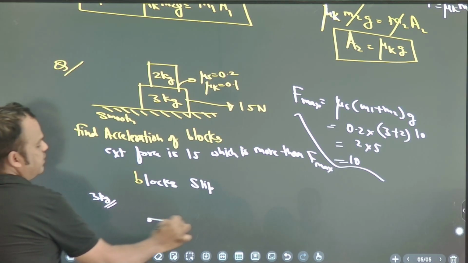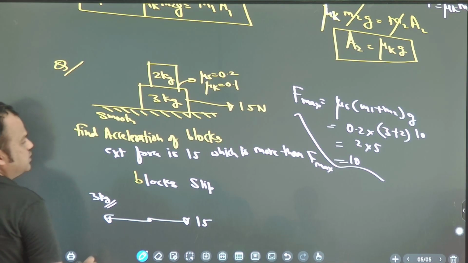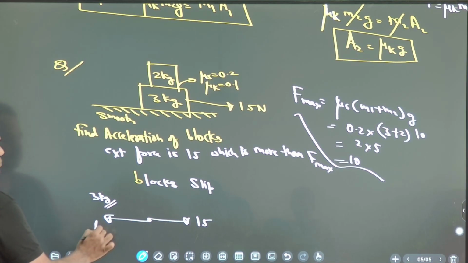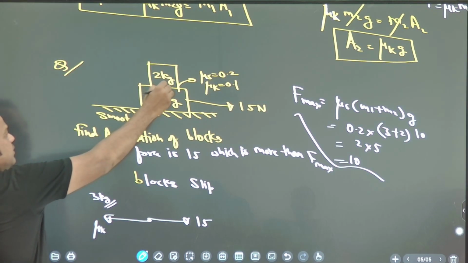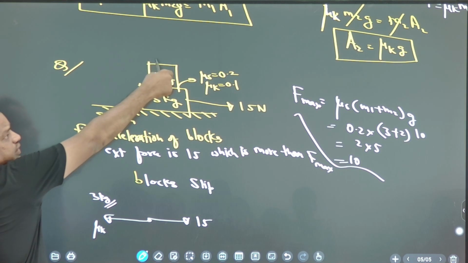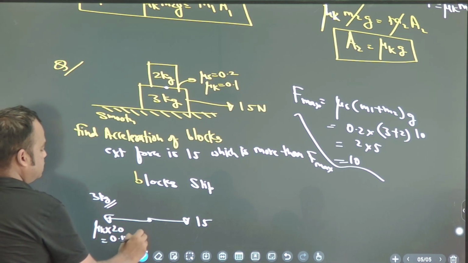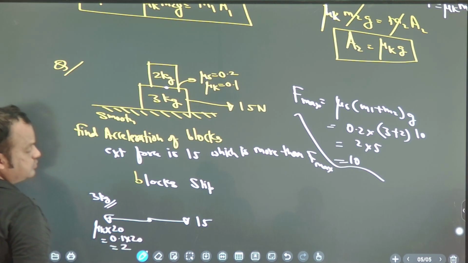For 3 kg, what is the rightward force? 15. What is the leftward force? Mu k N. What is N here? 20. So 0.1 into 20, that is 2.